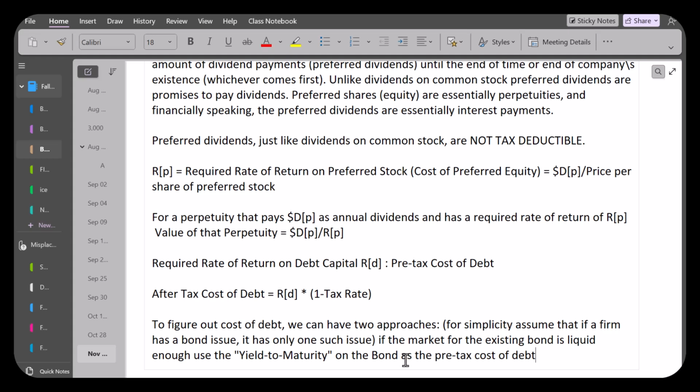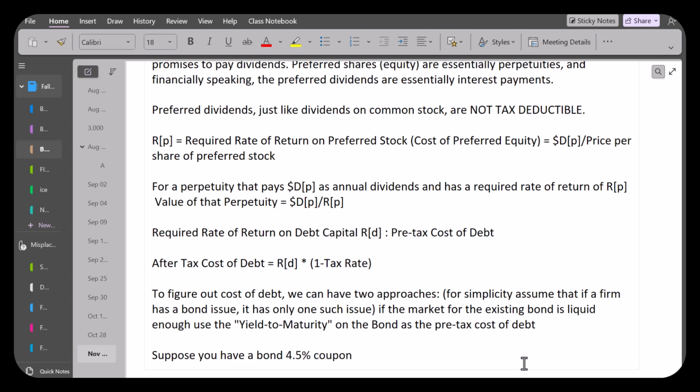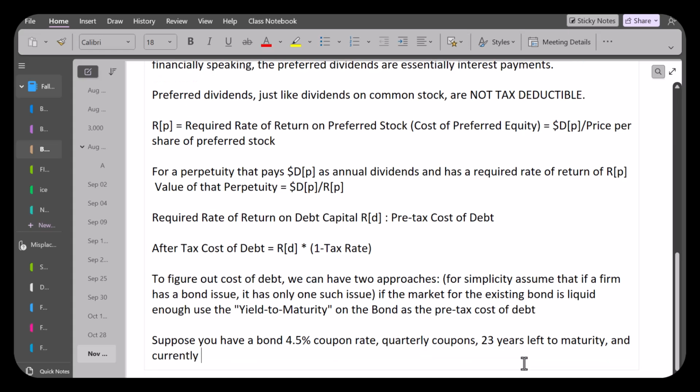Let's do an example. Suppose you have a bond, 4.5% coupon rate, quarterly coupons, 23 years left to maturity, and currently trades at 110% of face value.